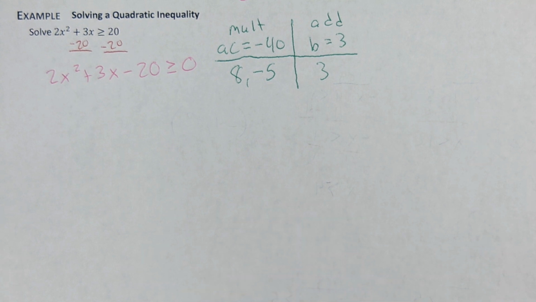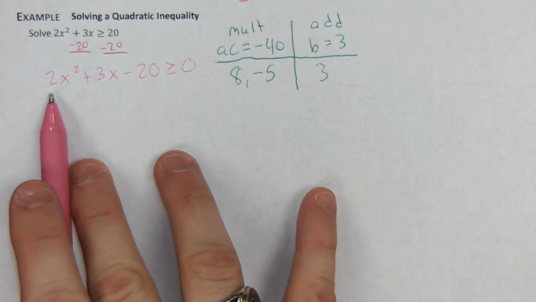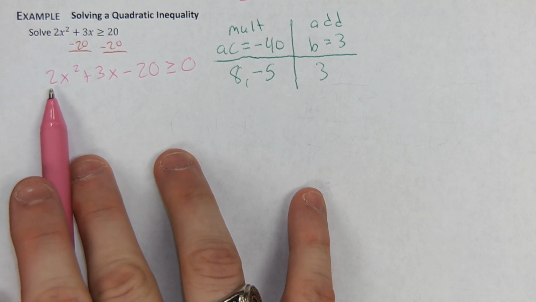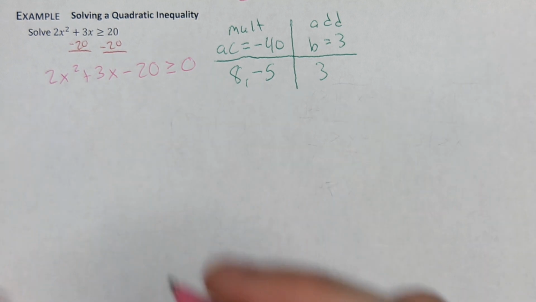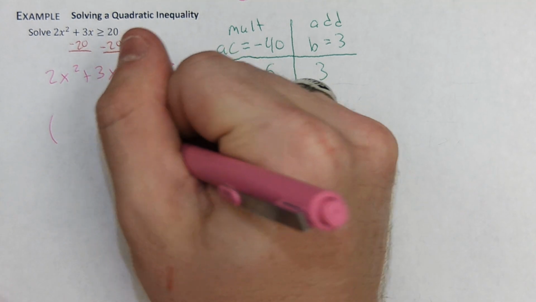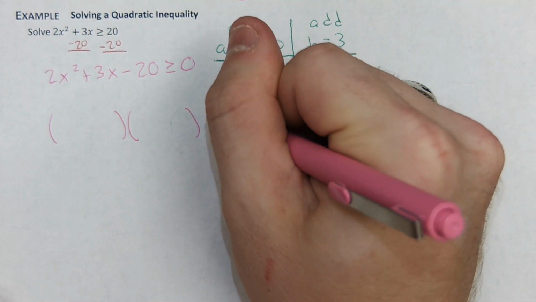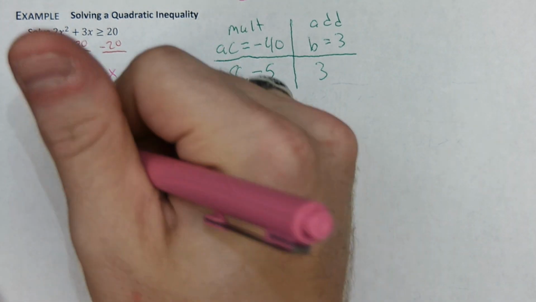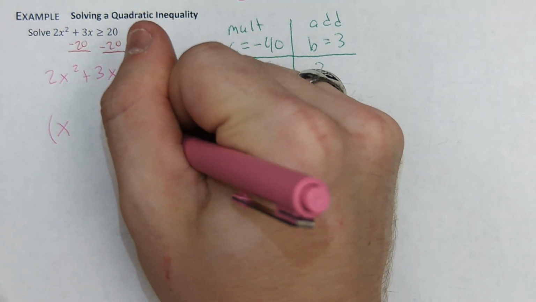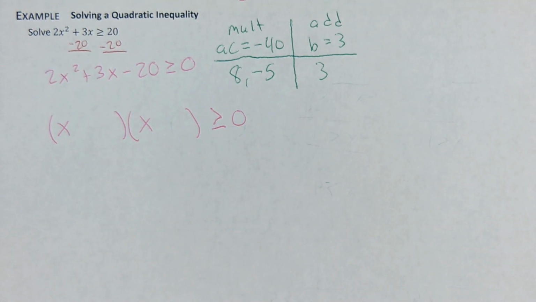Remember, please, when you're doing this Lizzie method, you cannot forget the over a. The over a is what makes this method what it is. So we write our two sets of parentheses, putting the greater than or equal to symbol there, and x in the front of both of them, and then the numbers we found, positive 8 and negative 5.